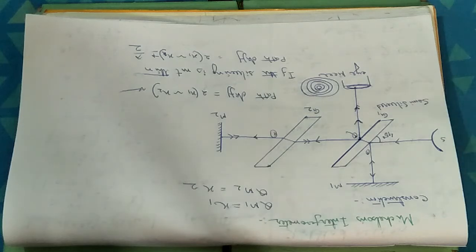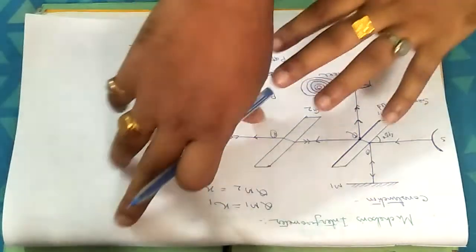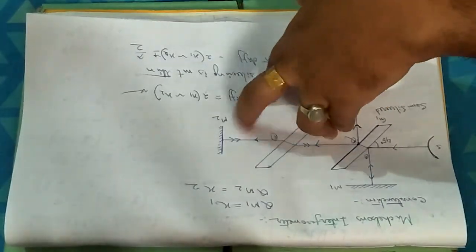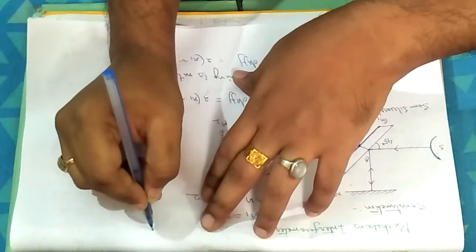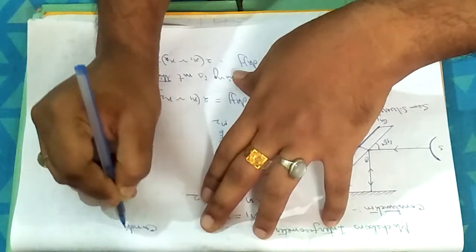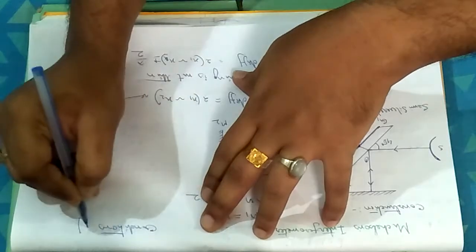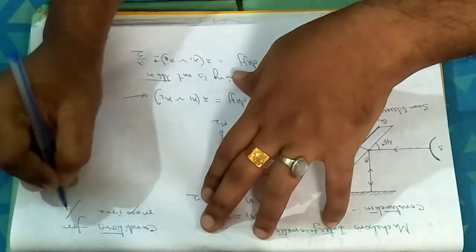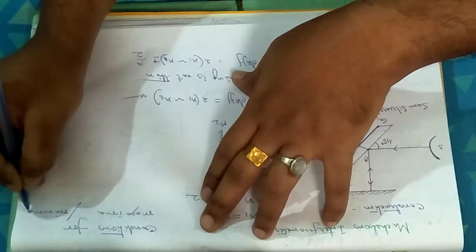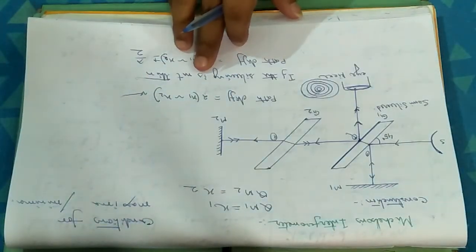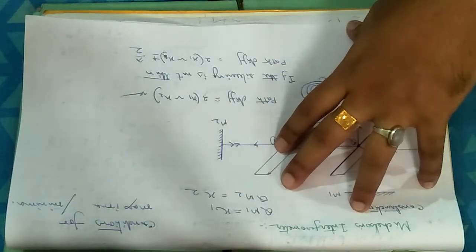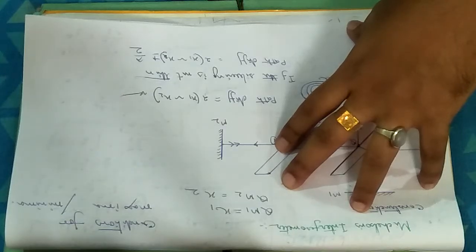So let us proceed. Next we will see what the conditions for maxima and minima are. In case of interference, that you know, if the path difference is an even multiple of lambda by 2, then you are getting brightness.